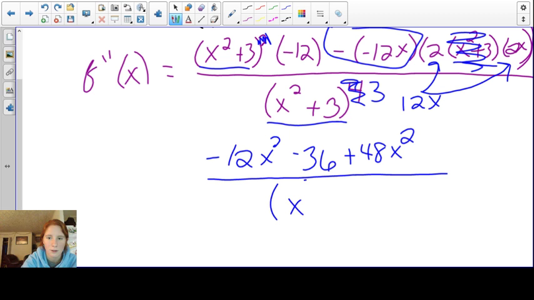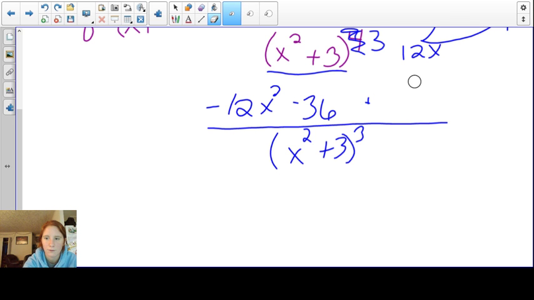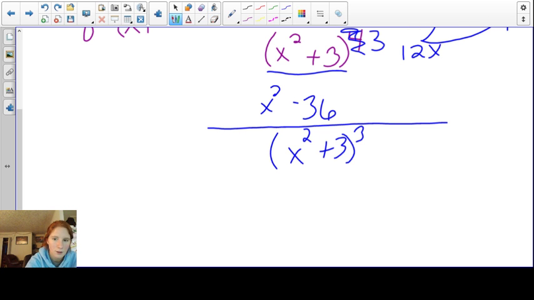All over the denominator to the third. Simplified up, negative 12 plus 48 gives me 36. So I'm going to go ahead and replace that. So I have 36x squared minus 36.